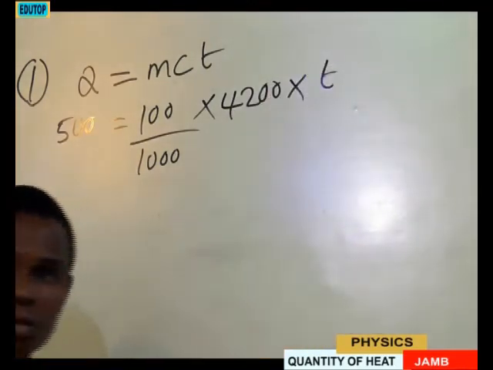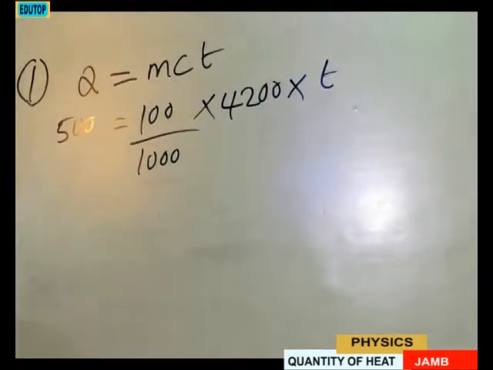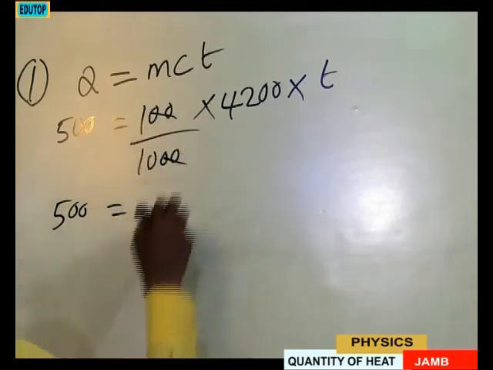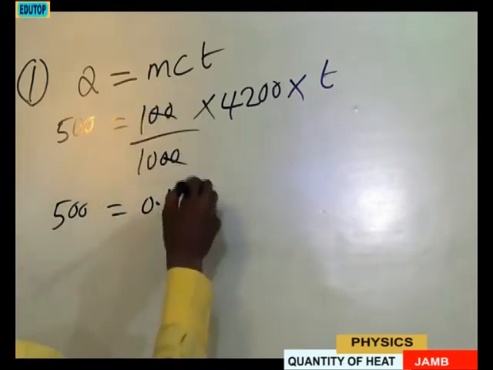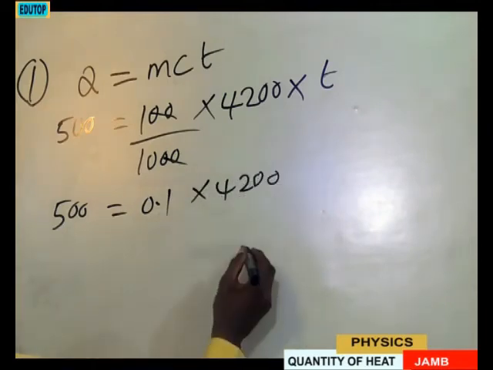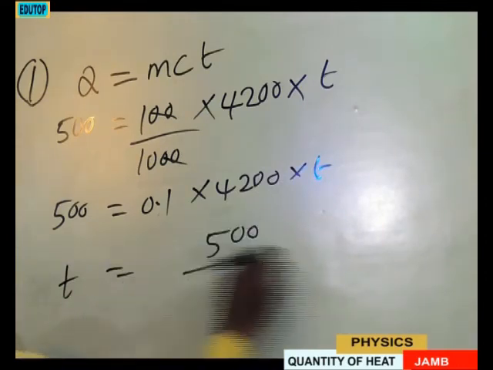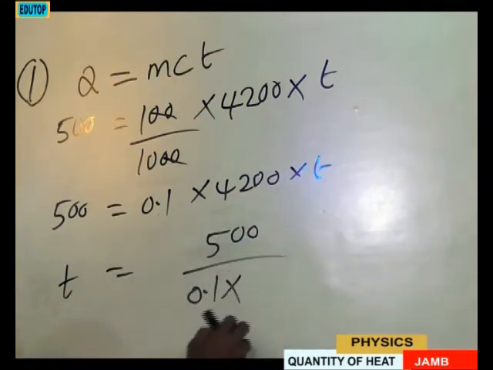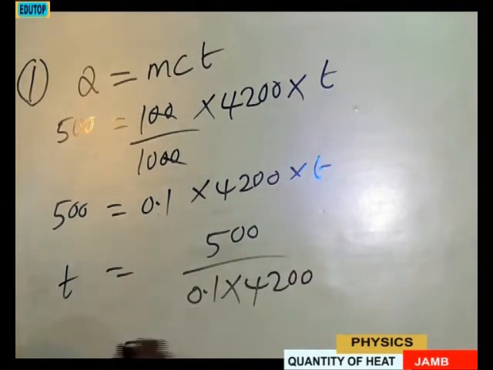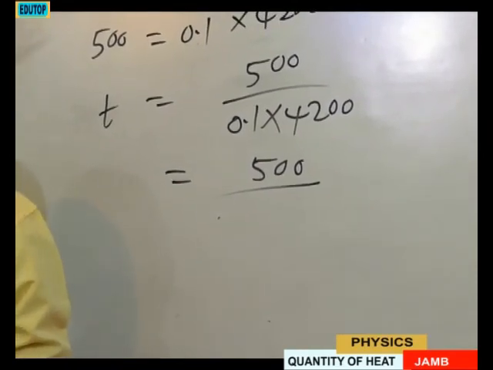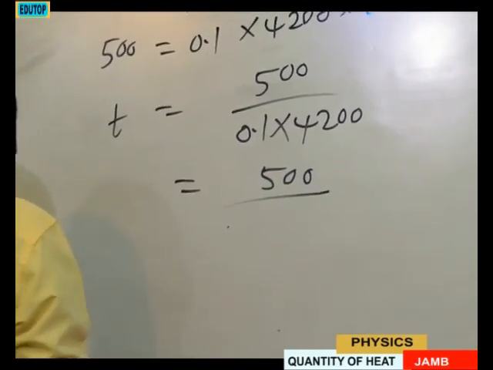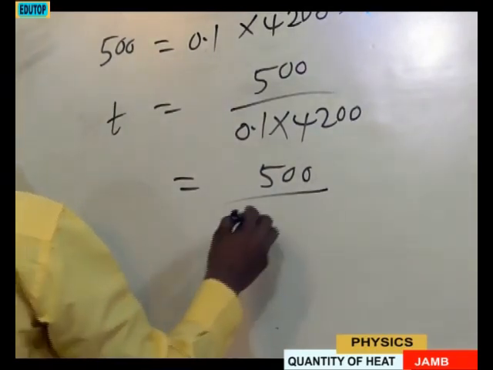We are looking for T, that is the temperature change. 500 is equal to 0.1 times 4,200 times T. So that T will be equal to 500 all divided by 0.1 times 4,200. That will give us 420.